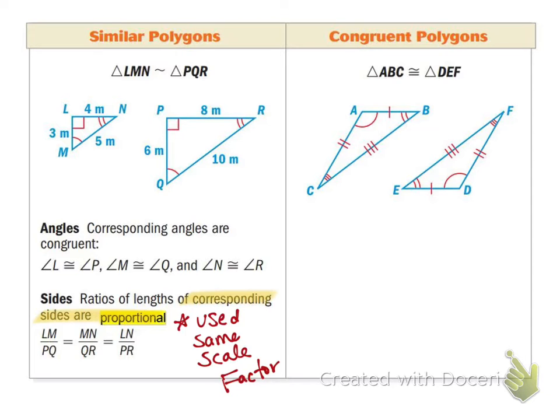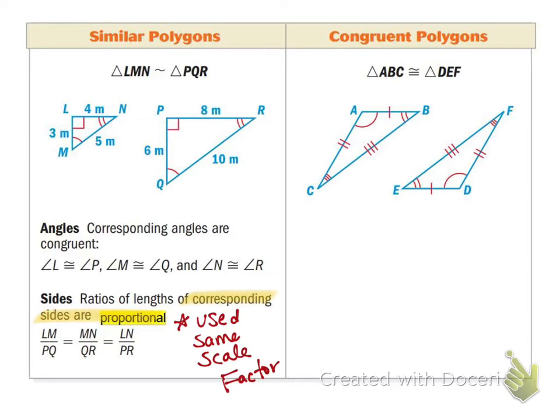Whereas congruent polygons, we'll speed through this part really quick. What do we know about the angles in congruent polygons? What does congruent mean? Same length and same measure. So what do we know about the angles in a congruent polygon? They're congruent.